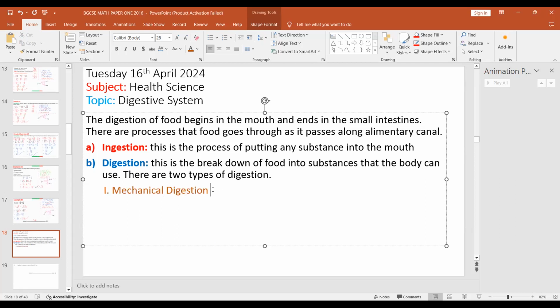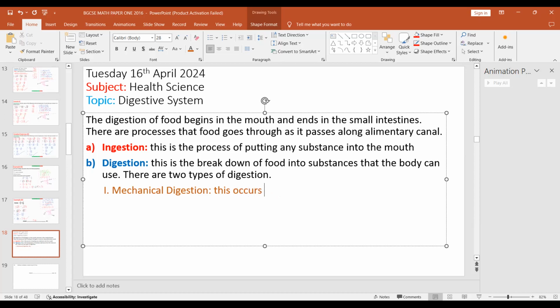So mechanical digestion is when food is physically made smaller by the crushing and grinding of teeth and muscles. Write that down.